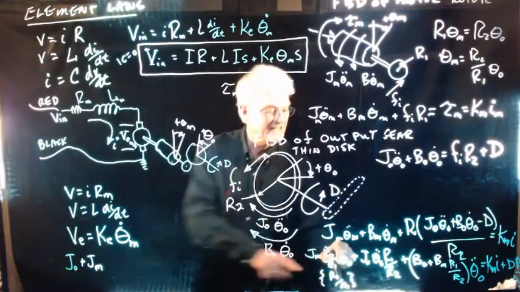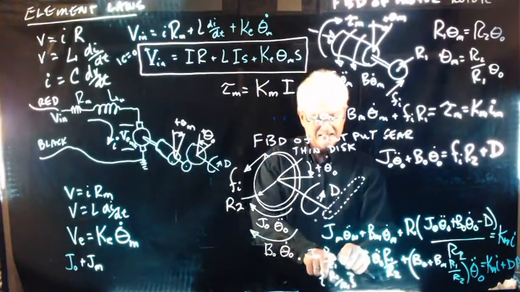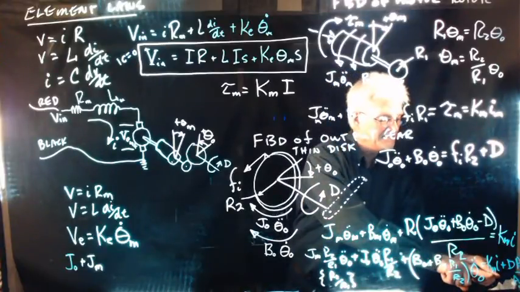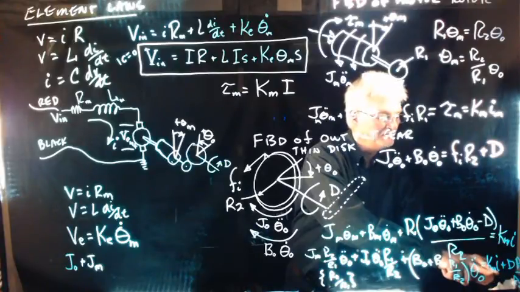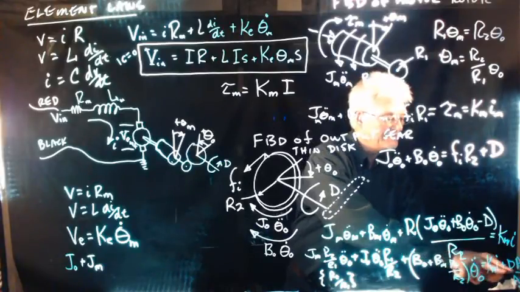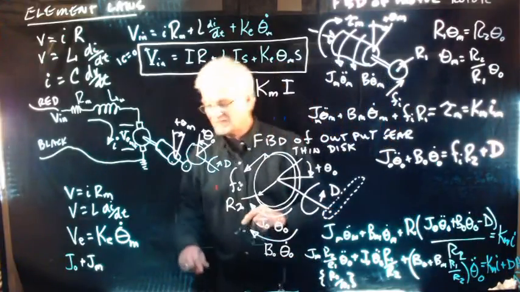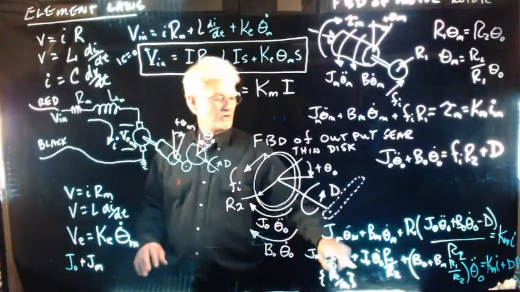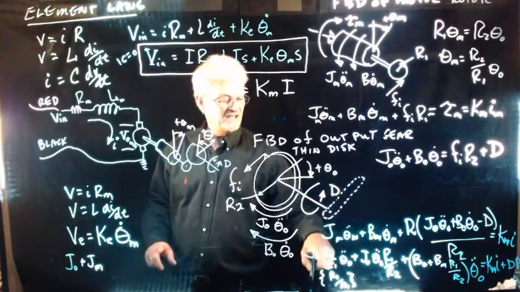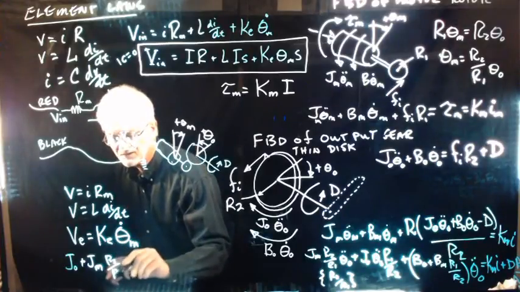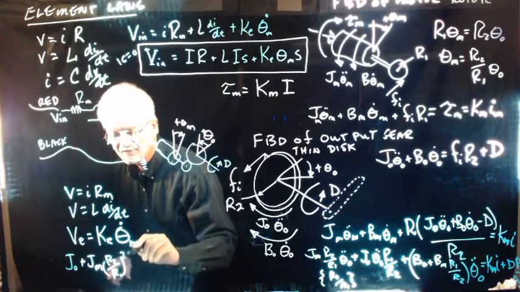The reason I'm going to do that is that I've got the variables here, and I've got the output. Here, this is Km times I. This is the torque at the motor rotor, and this is the disturbance, but it's also at the motor rotor. I'd like to see what it is at the output shaft, so I'm multiplying the whole thing by R2 over R1. When I do that, the Jm goes by R2 over R1 squared.